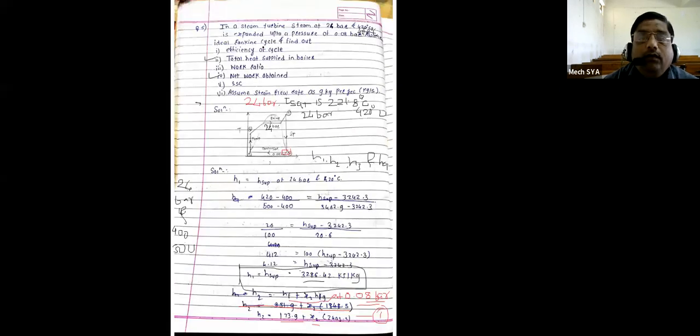Here we are assuming that S1 is equal to S2, since the process is isentropic expansion.